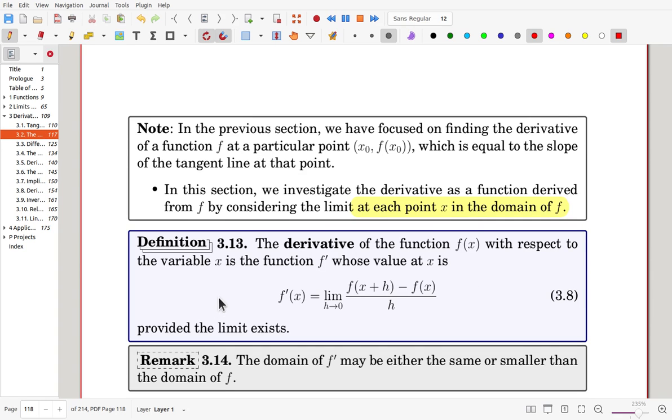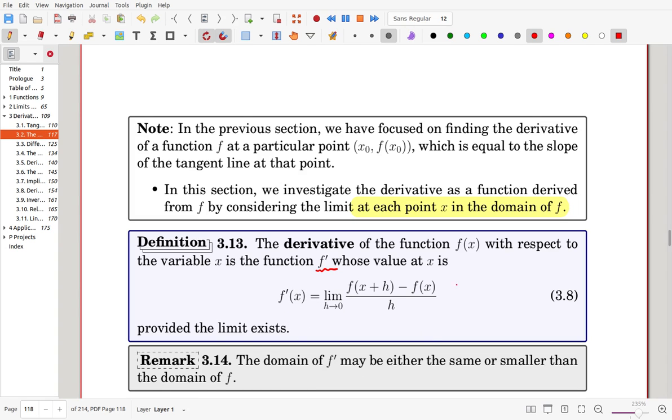So that is the definition. The derivative of a function f(x) with respect to x is the function f prime, the derivative function, whose value is the limit. If the limit exists, then that becomes f prime of x.